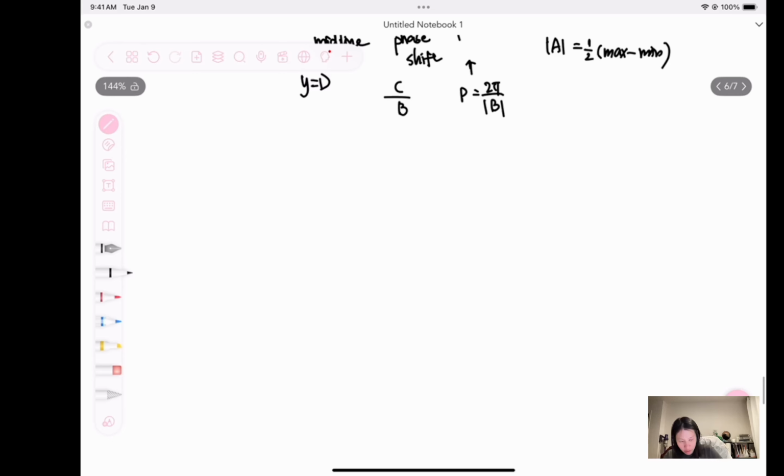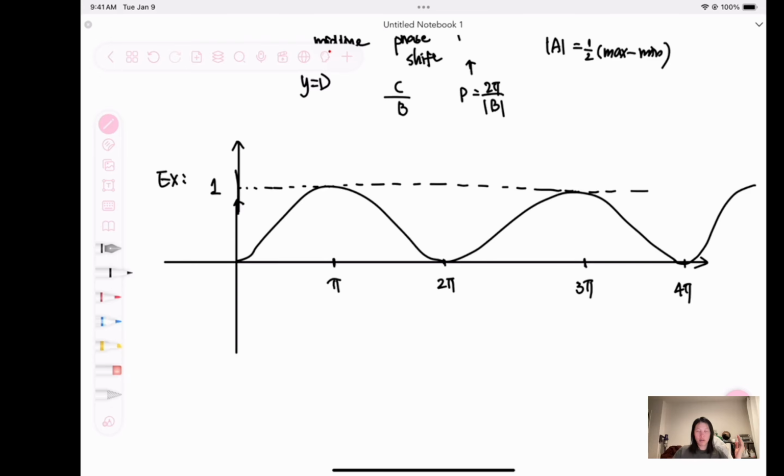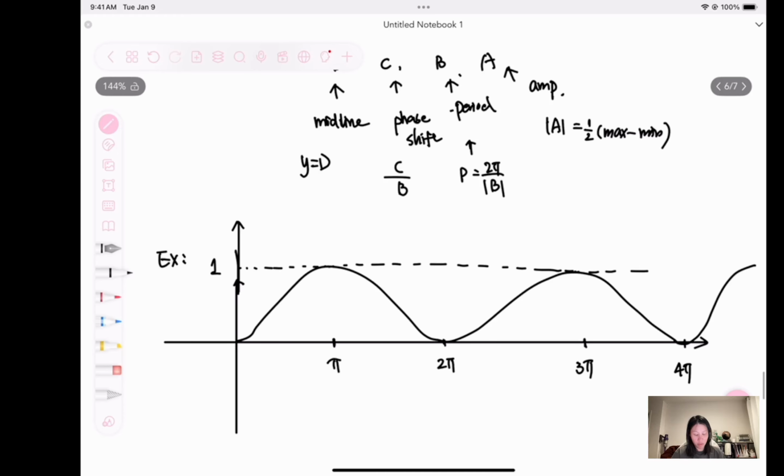Okay, now for an example, let me give you a graph. I paused the video and drew the graph. Here's the graph. We should start with the midline. Where do you think the midline is? The midline is halfway between the lowest point and the highest point.